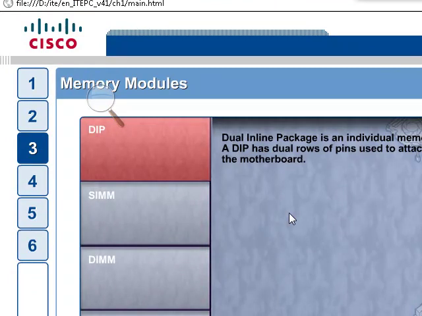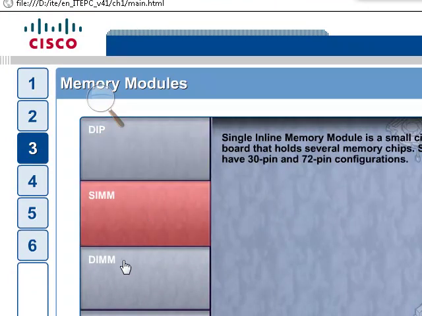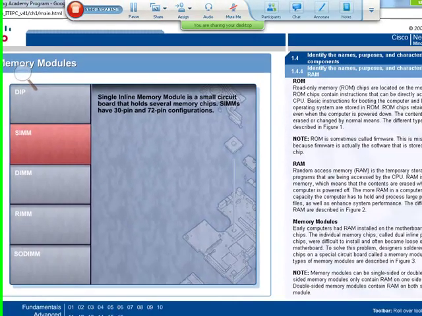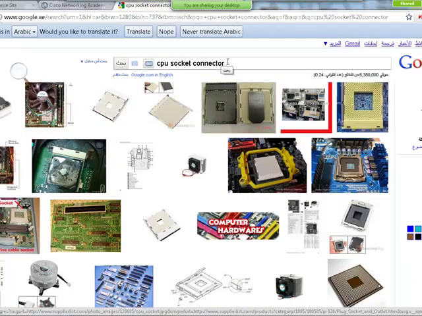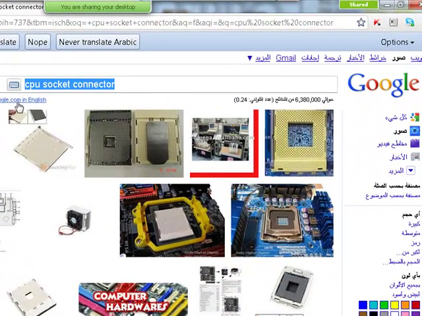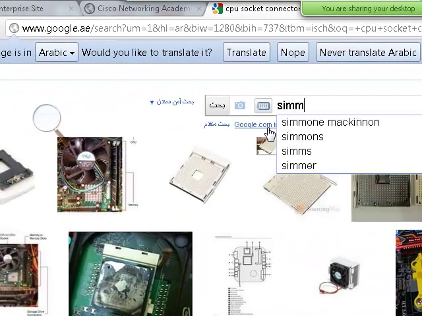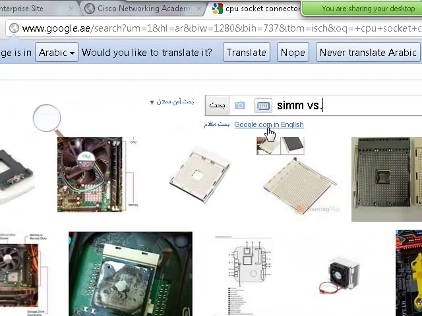Now we have the memory models. They are the shape the memory looks like. Let's go back to Google and try to Google SIMM versus DIMM.